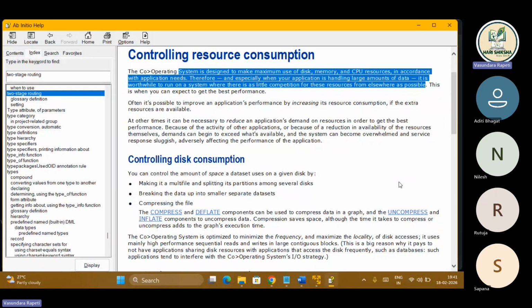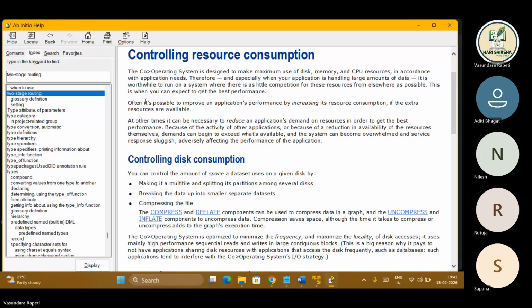That's why give them a sequential run. Don't run them in parallel. If their sum is equal to RAM, then also run them sequentially. Suppose one job needs 10 GB and another job needs 20 GB, you can run them in parallel, no issue. So try to make less competition for the resources.